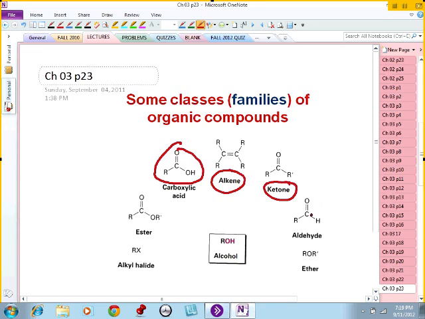Whenever you have a carbonyl, it's attached to hydrogen, and that carbonyl is, for the most part, attached to a carbon atom. That is called an aldehyde. So you need to recognize this. So if I have this, now what class of compound is that?